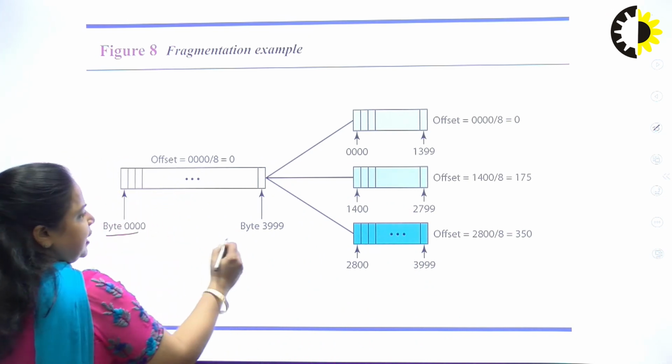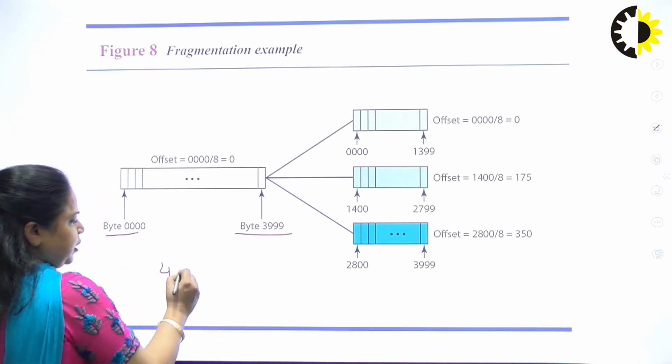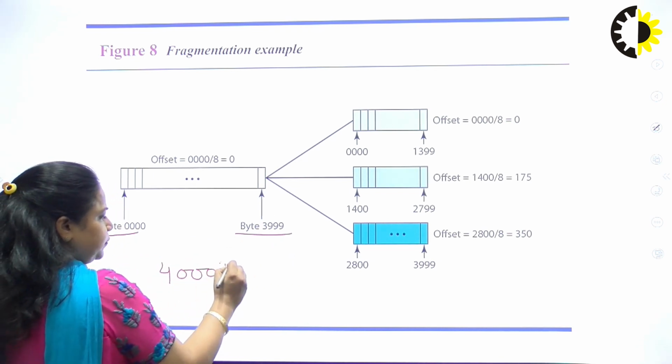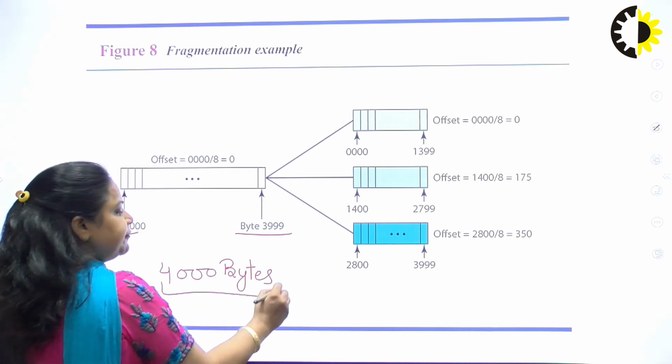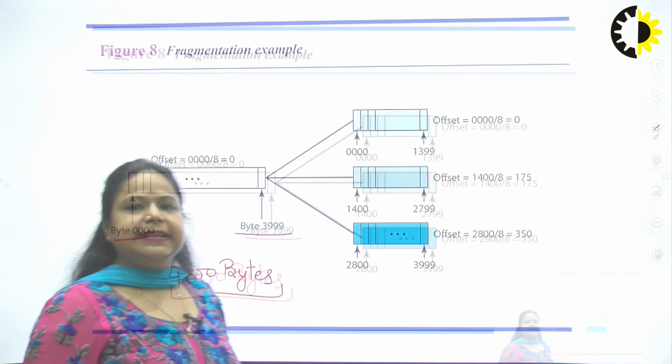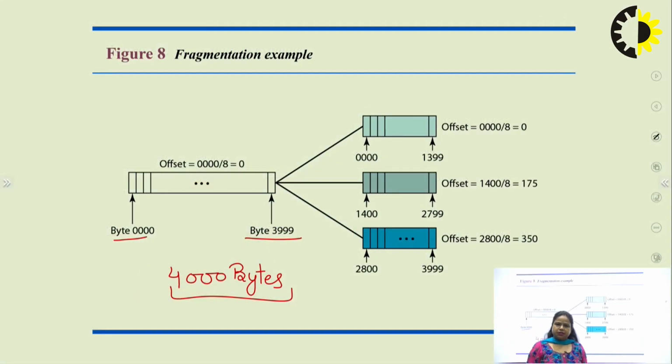Suppose I am sending you data of 4000 bytes, right? It would be very difficult to transmit 4000 bytes of data from the source to the destination in a single packet. So generally we divide it into n number of packets, due to which we always require the fragmentation offset value, right?